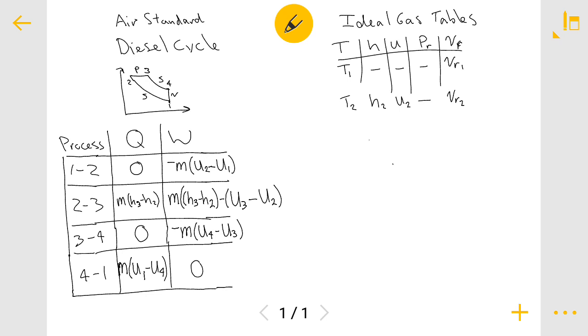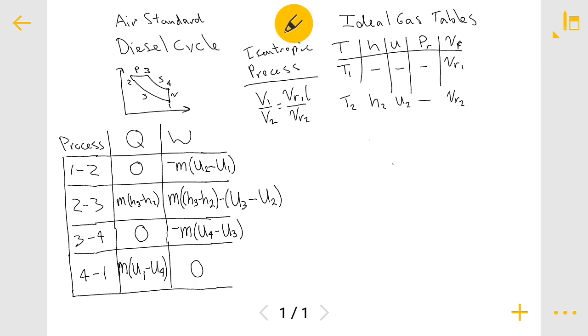So what is this relationship? Well, for an isentropic process, we can use these expressions. V1 over V2 equals VR1 over VR2.